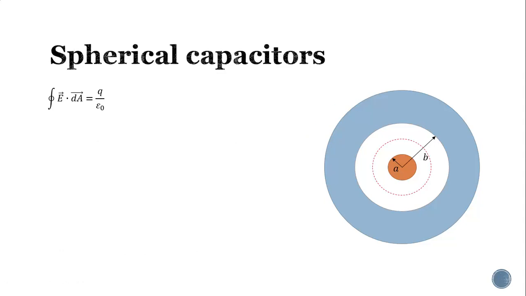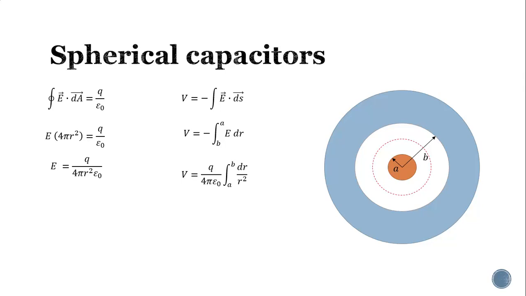If we do a spherical capacitor, so say we had a ball inside of a spherical shell, we can use our spherical geometry to figure out the electric field. We can then figure out the voltage. We've done this problem before. It looks like that. Again, we flip things around, and there's another negative sign that gets introduced because this actually becomes negative 1 over r.